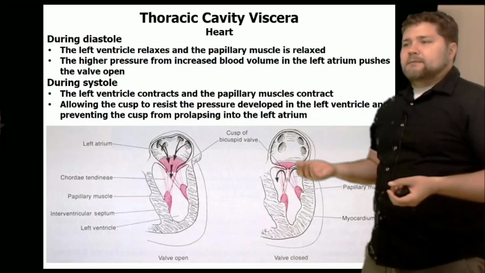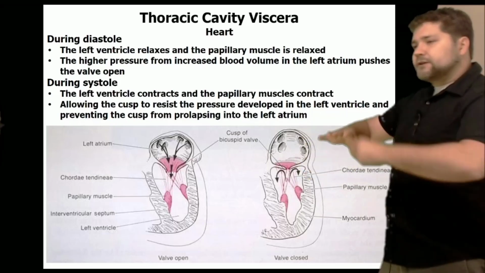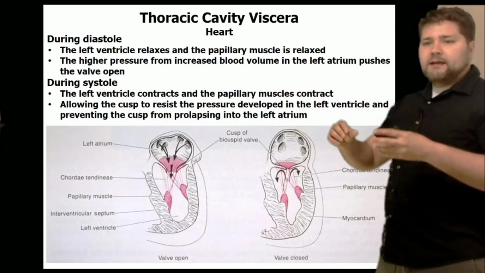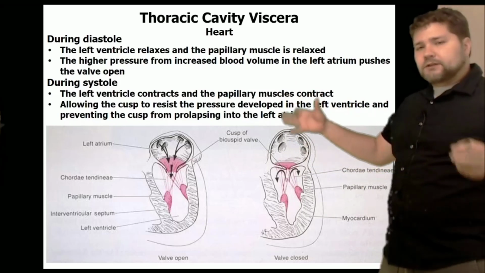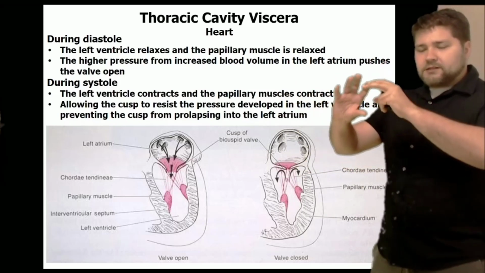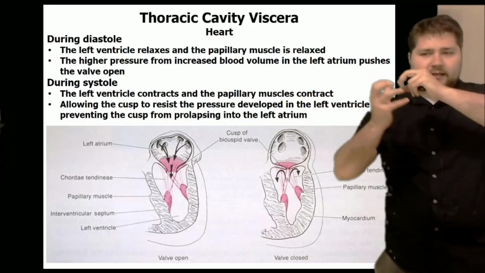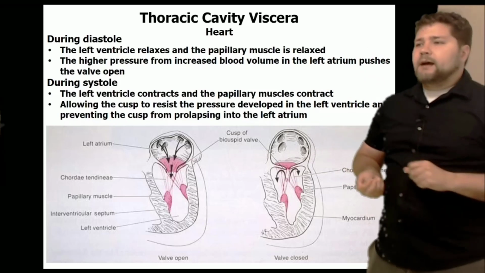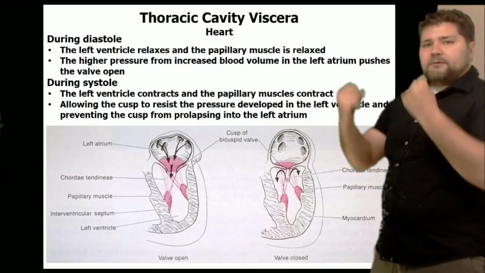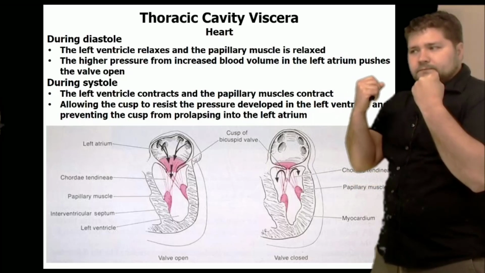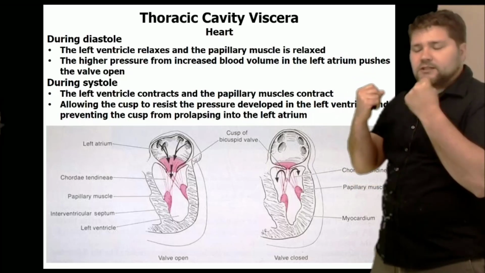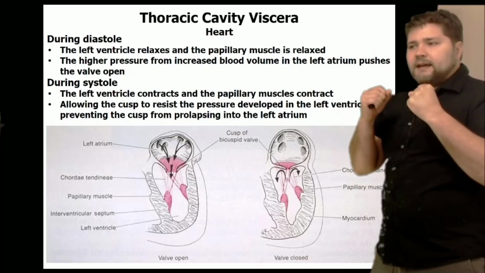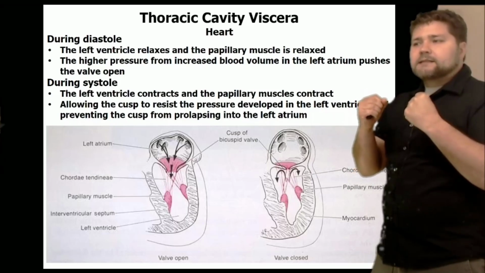And then the heart gets the message to contract. So the left ventricular walls and interventricular septum contract, the papillary muscles contract, everything is contracting and just holding tight. And we've already talked about that concentric nature, so the heart's just going to do that spin, ringing-out thing. What's going to happen is the papillary muscles are going to button down the hatches, as they say on the ship, and brace for impact and hold those chordae tendineae intact.